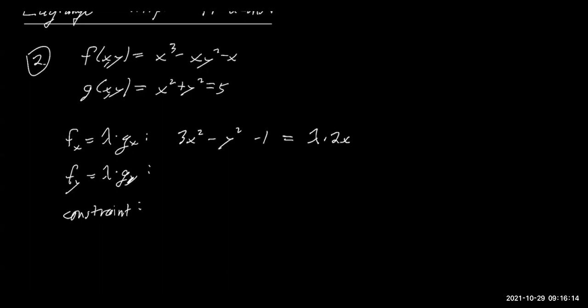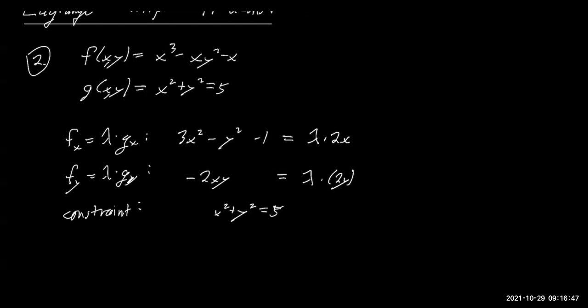And then the partial y is the minus 2xy. And that's lambda times 2y. Try to make my lambdas and 2's not look the same. And then the constraint is x squared plus y squared equals 5. So these are the 3 equations and 3 unknowns we have, right?